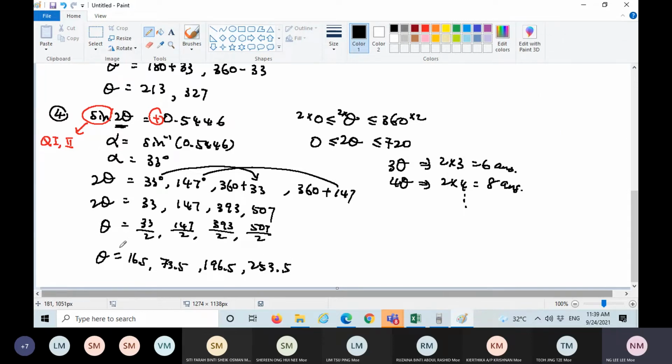After you divide by 2, now it's theta, you see 16.5 until 253.5. This one still falls in the range of until 360. See the magic or not?